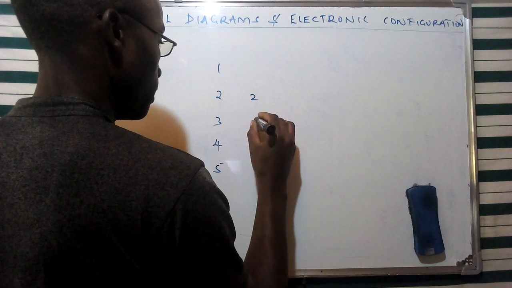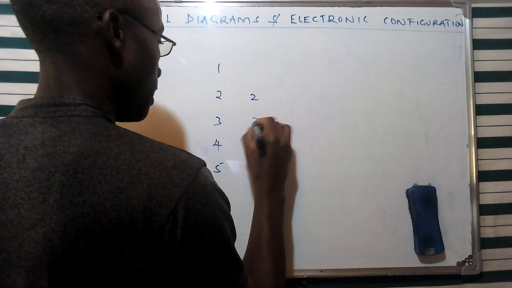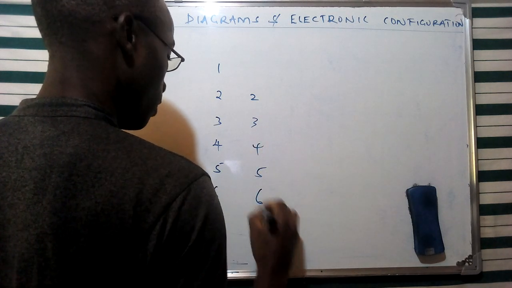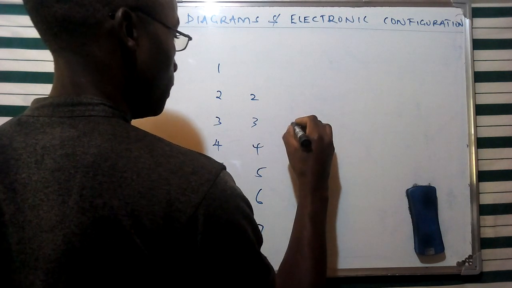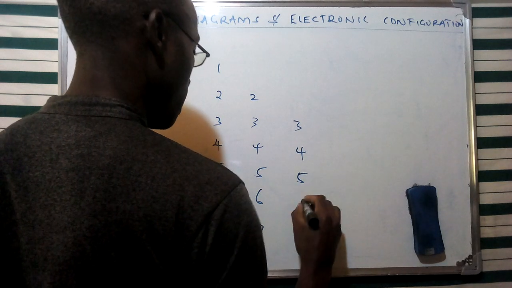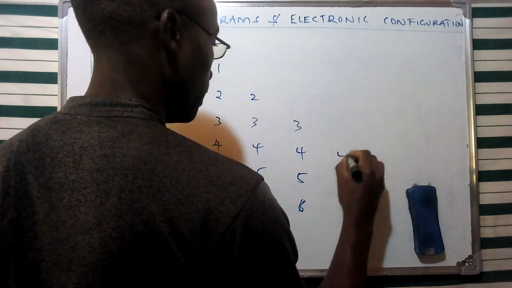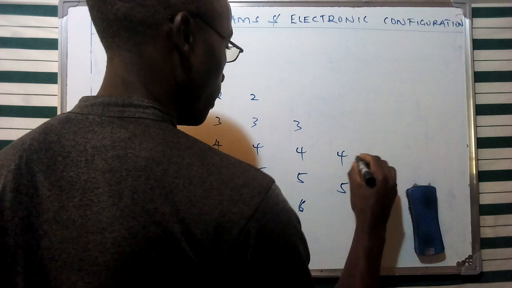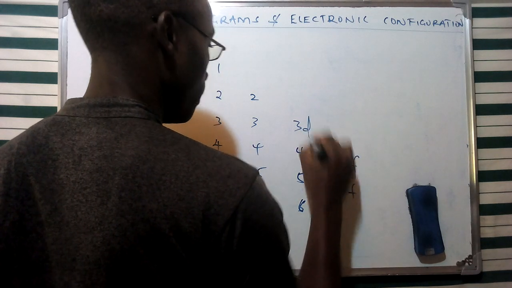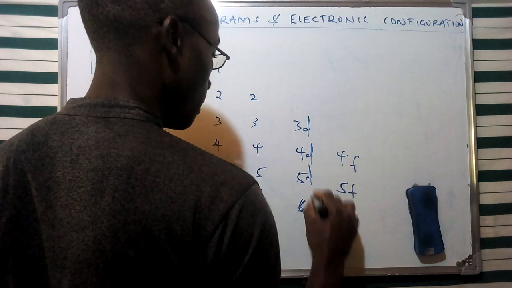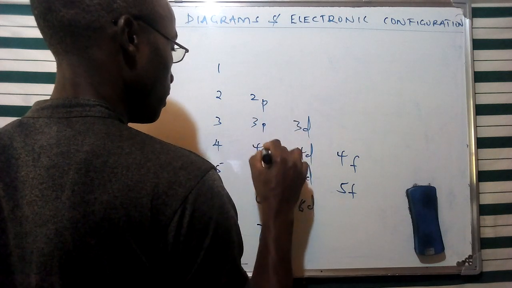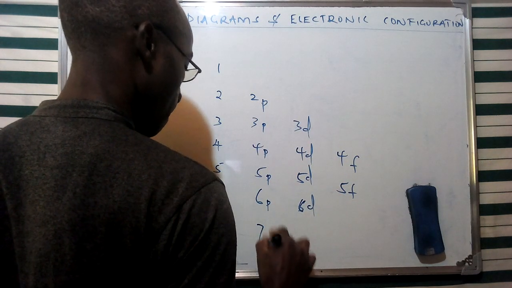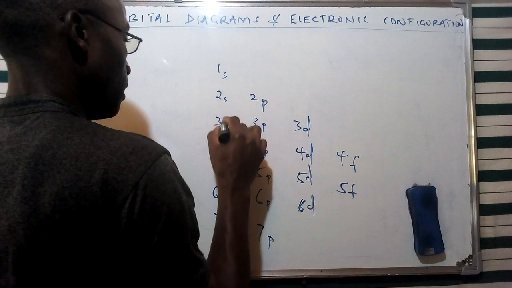So we're going to have the first column for the S, the second one for the P, the third one for D, and lastly one for F. So we shall have D, P subshells, and then the first one as S subshell.